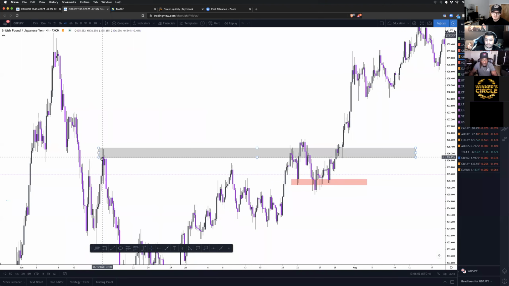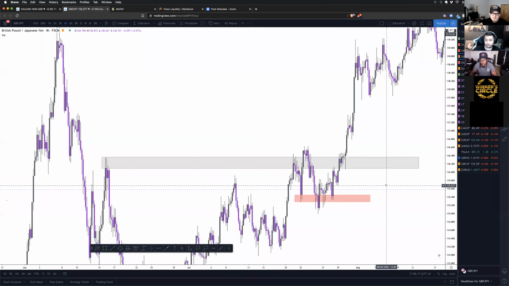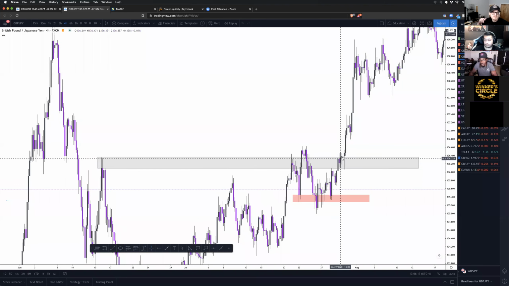We can see that from the top of that body to the tip of that wick, price was respecting that region, rejecting the top, rejecting the bottom. And then once you saw these bullish closures above the region, you could have then said, okay, it looks like price is trying to continue on.